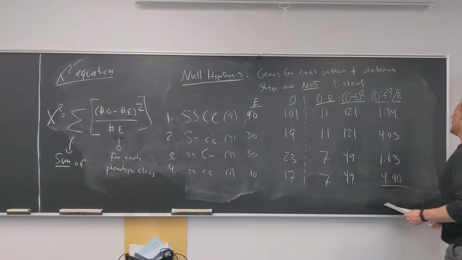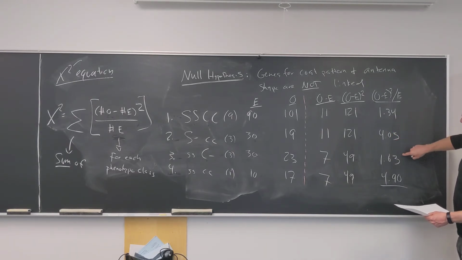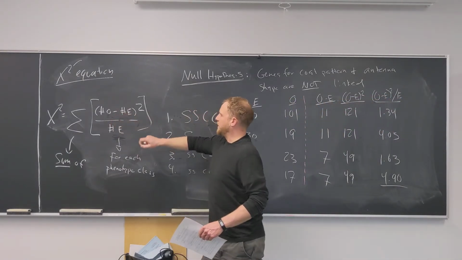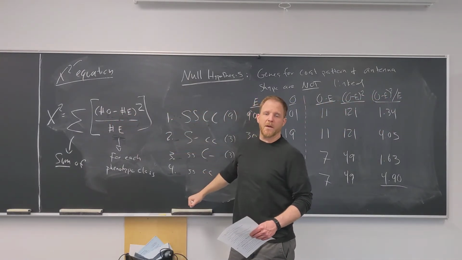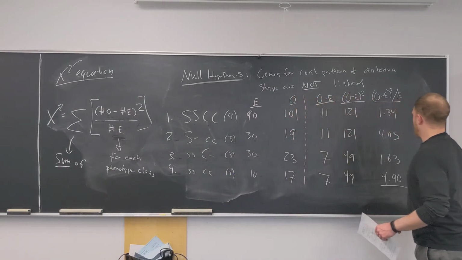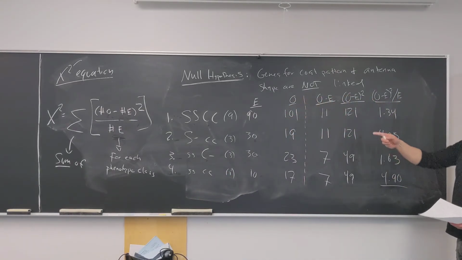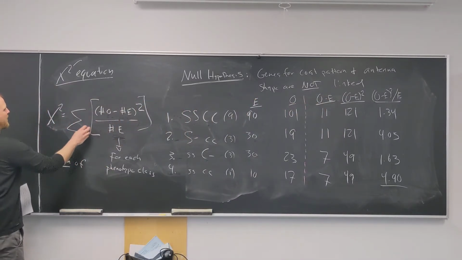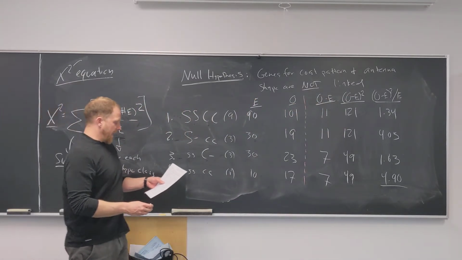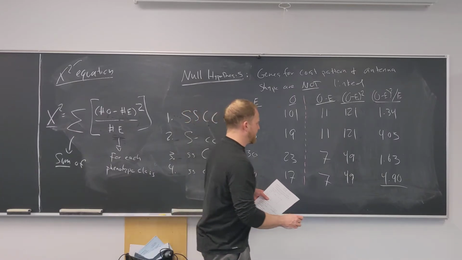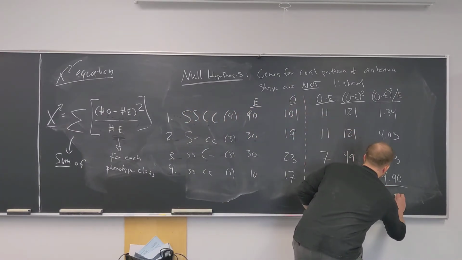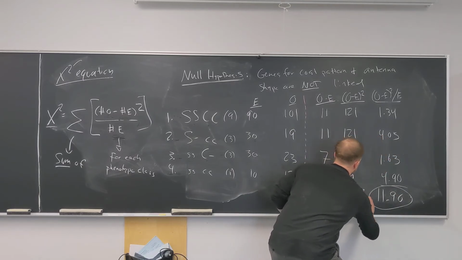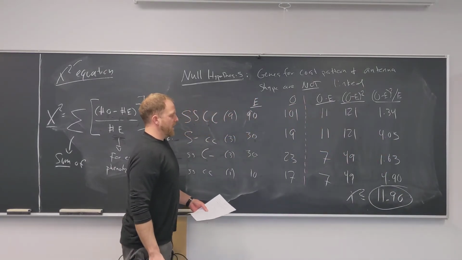So these are the 4 numbers, one for each of the 4 phenotype classes. Now we want to add all these up to get our chi-squared value, because that's what the sigma means, the sum of all these numbers. If we add them together, we get 11.90. So this is our chi-squared number for this data set, 11.90.